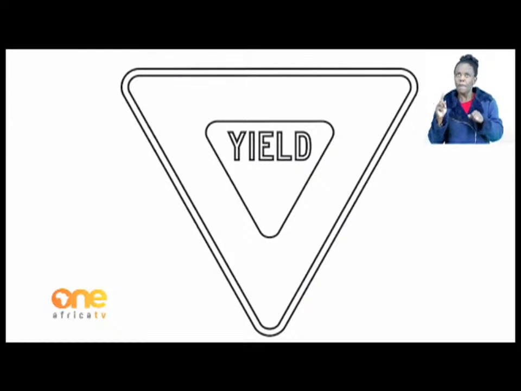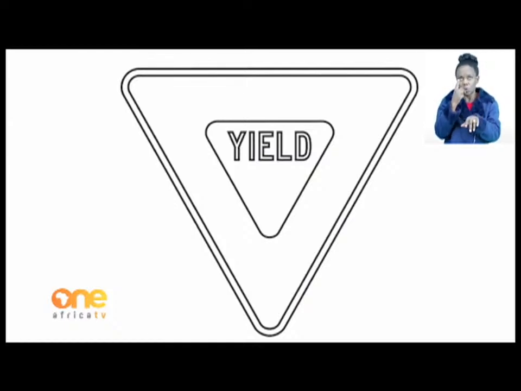This is so that they can help you cross the road safely. If the person on the other side is not there, or there's no cars, or there's no one, then you can cross. This sign is very important, and normally when people are traveling, they slow down when they see the yield sign, so that they'll be able to follow the rule.